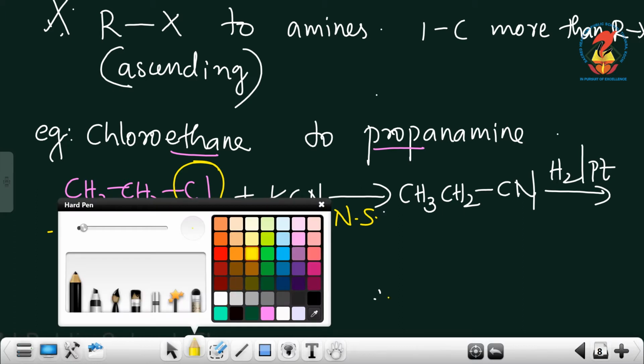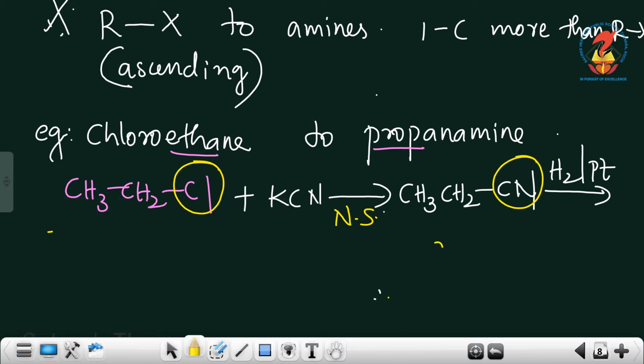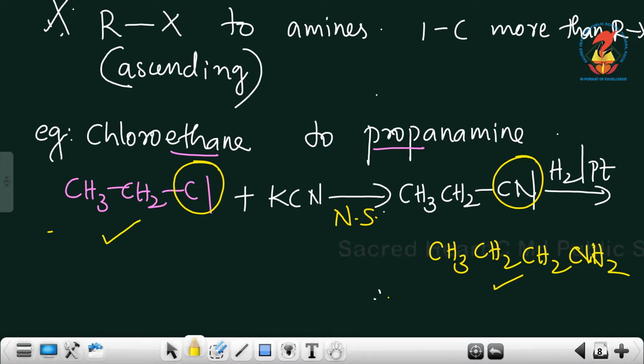What happens here is CN will be replaced by CH2NH2. So we started from chloroethane and we got propanamine as the end product. So first we have to do nucleophilic substitution of halogen by cyano group. Then by reduction we can increase the number of carbons. So by introducing cyano group we can increase one carbon atom.